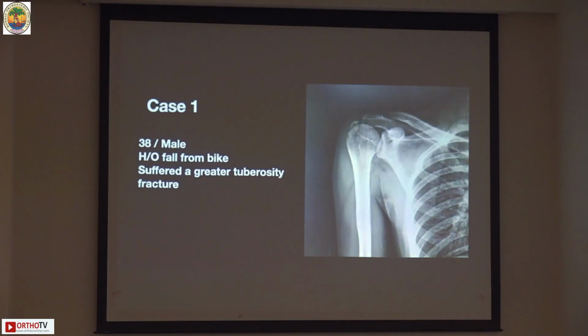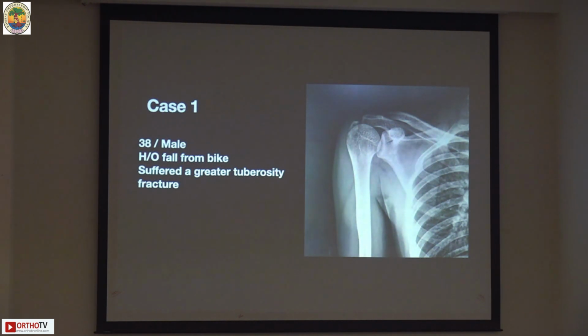So coming back to the first case, 38-year-old male having an avulsion type of fracture. Now that we know our classification, what are we going to go about doing? There is arthroscopic that can be done. Now, it does look like there's a concomitant glenoid fracture also in this patient. However, their CT scans were done and it wasn't there.